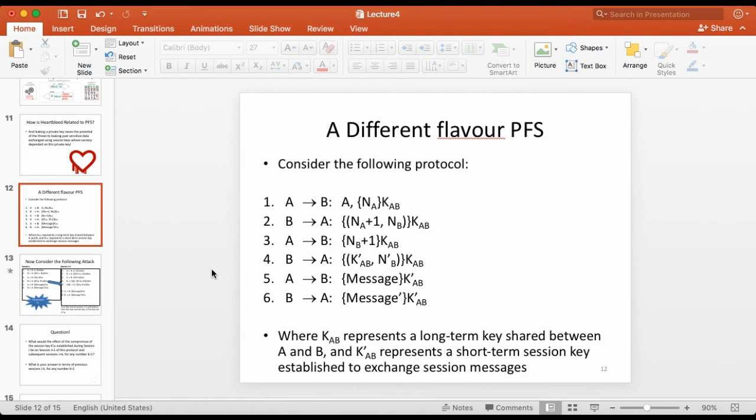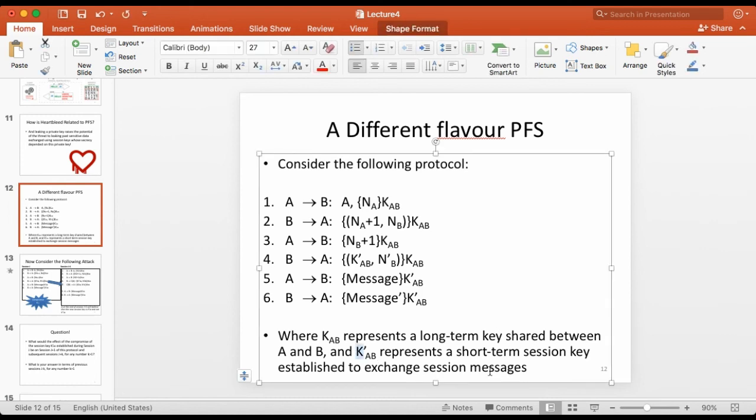It's a different flavor of the PFS property. Essentially what we're looking for is whether, if the new key K prime AB were compromised, that would compromise future new keys that are proposed in future sessions.